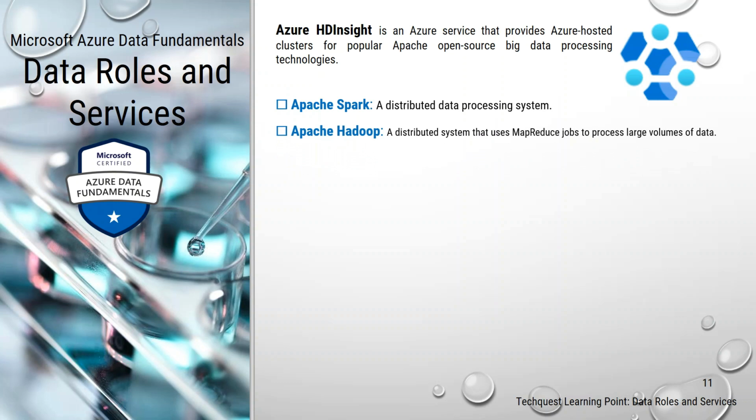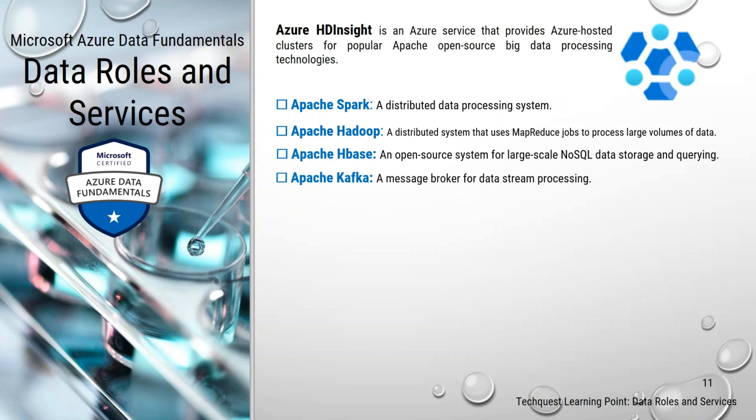MapReduce jobs can be written in Java or abstracted by interfaces such as Apache Hive, a SQL-based API that runs on Hadoop. Apache HBase, an open source system for large-scale NoSQL data storage and querying. Apache Kafka, a message broker for data stream processing.